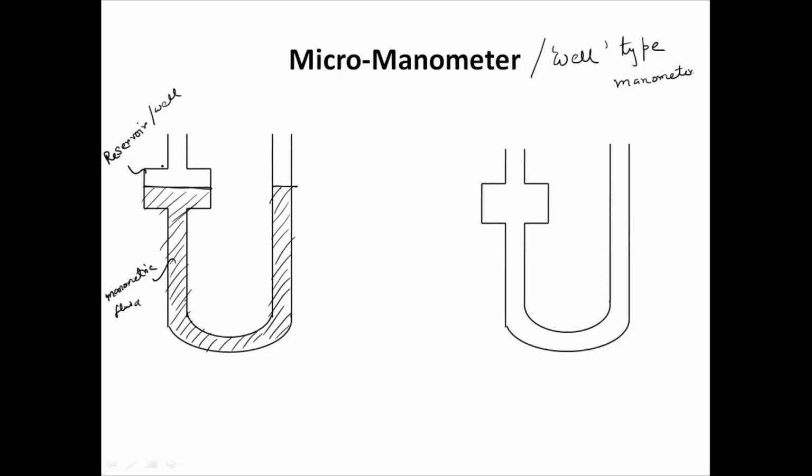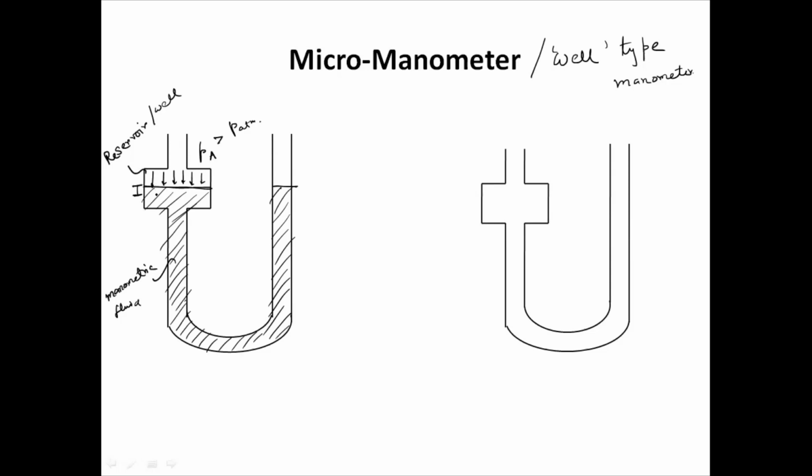Now some pressure is given here. Let the pressure be PA. Because of this pressure, given here, while this side is open to the atmosphere, PATM, some depression will take place.